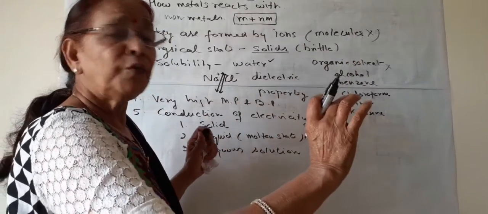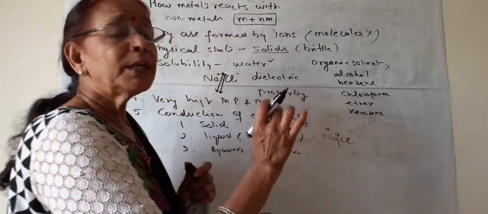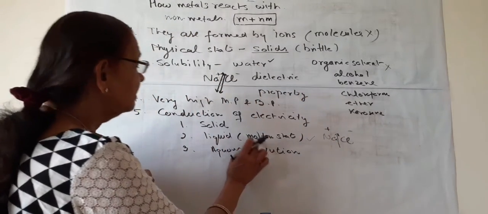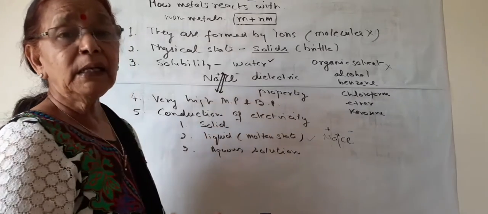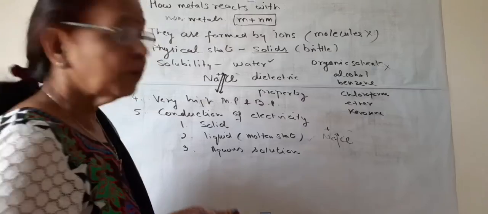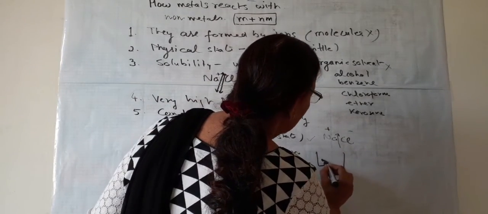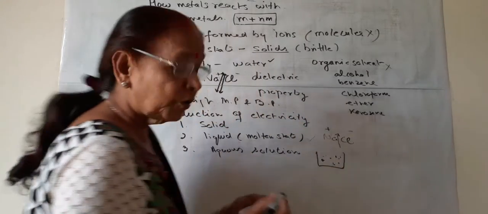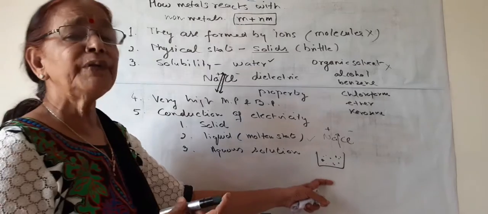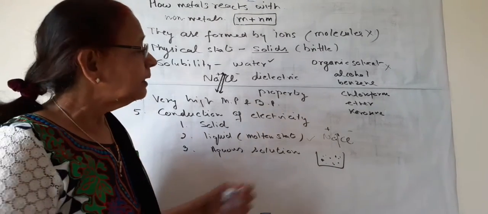They can move freely in the molten state. So electricity can be conducted in molten state when these ionic compounds are in liquid form. And in aqueous solution, very much so. All the ions are moving freely as they are soluble in water, and when the ions are free to move, they can conduct electricity very easily.